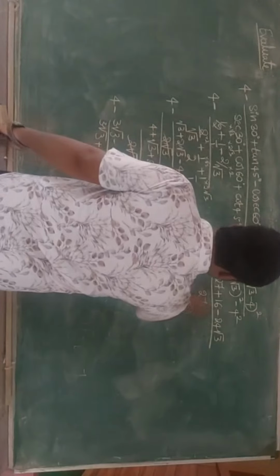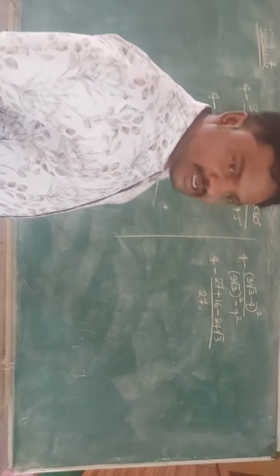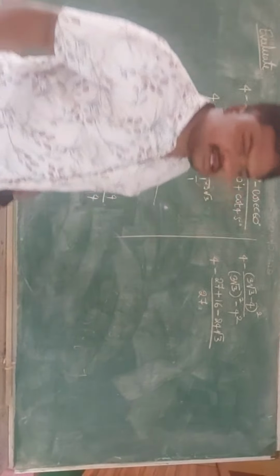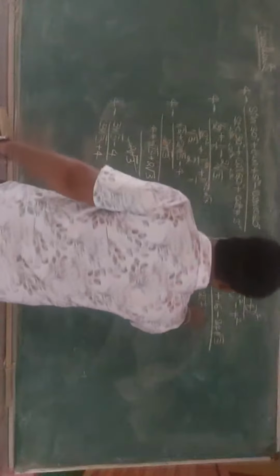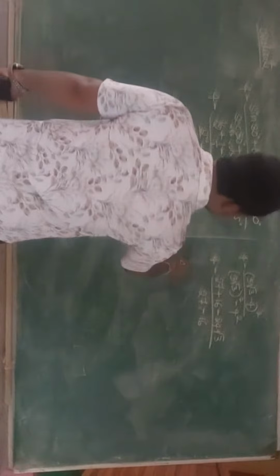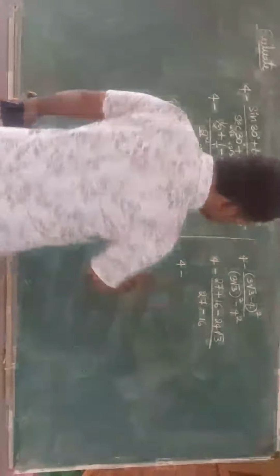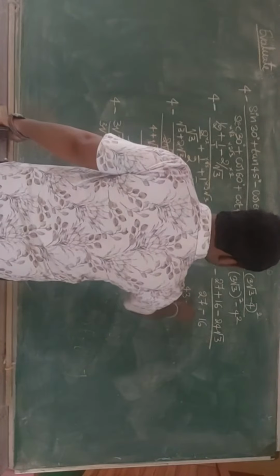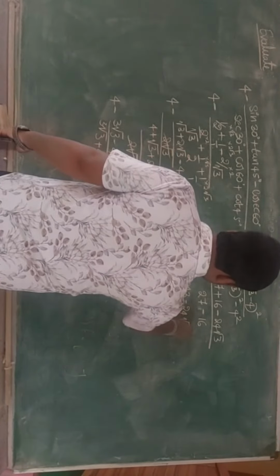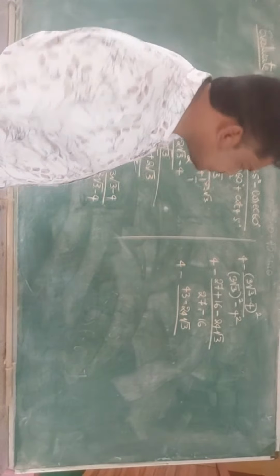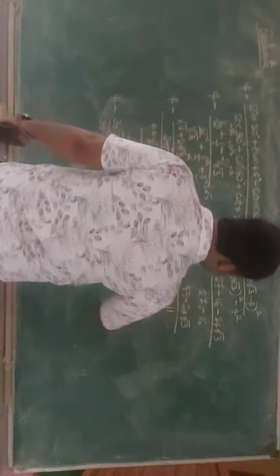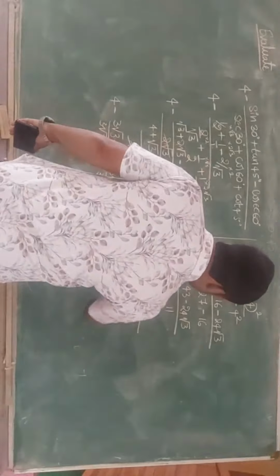Root 3 square is under root 9, which is 3, so 9 threes are 27. 27 minus 16 is 11. So 4 minus 27 plus 16 is 43, 43 minus 24 root 3, divided by 27 minus 16, which is 11. So the LCM is 11.